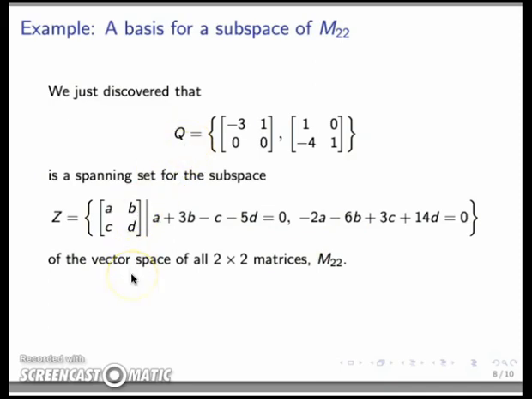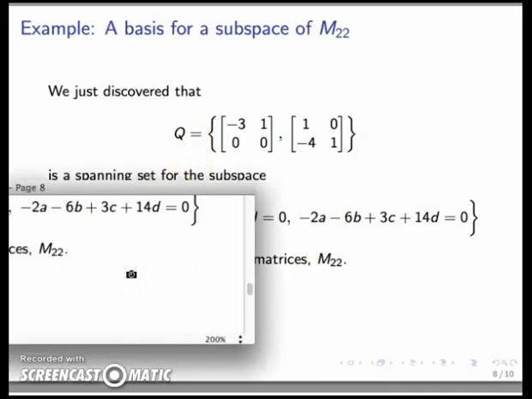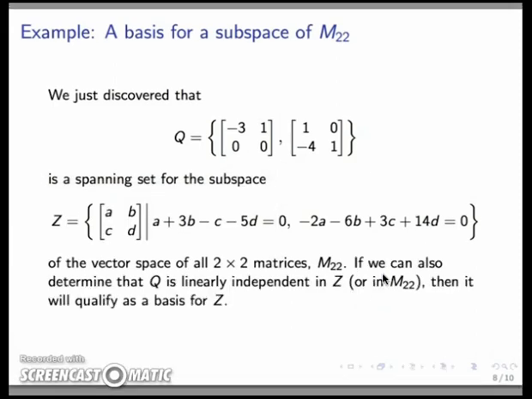But it remains for us to address: is this set Q a basis? To really answer that question, we need to address linear independence.